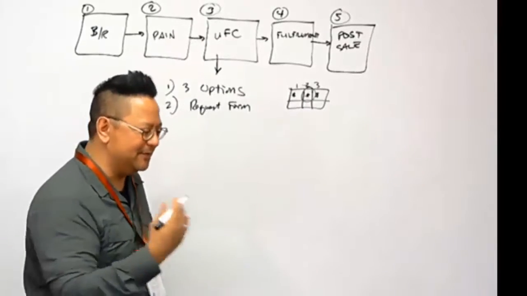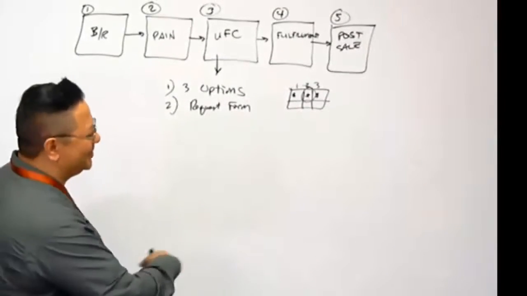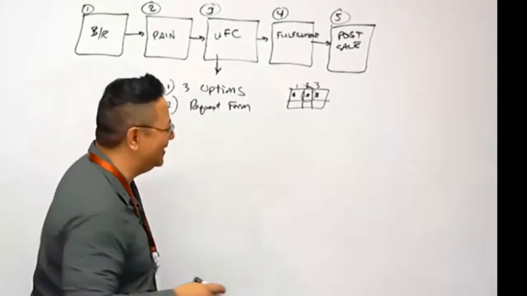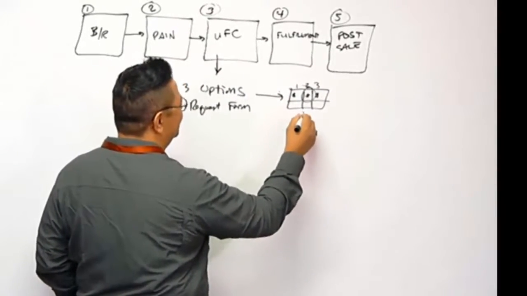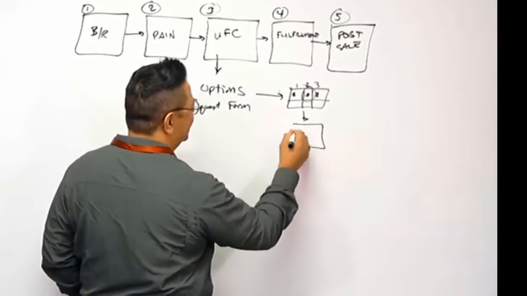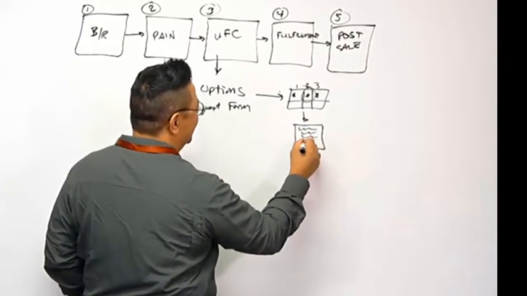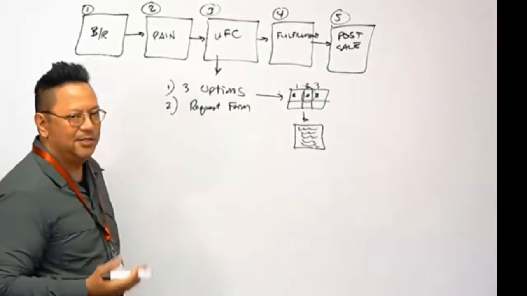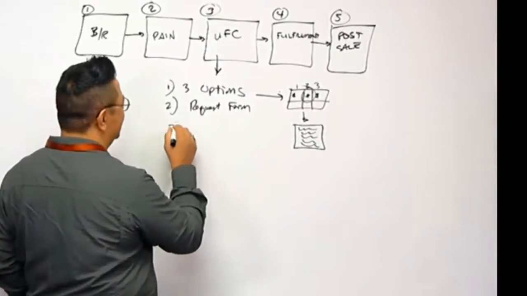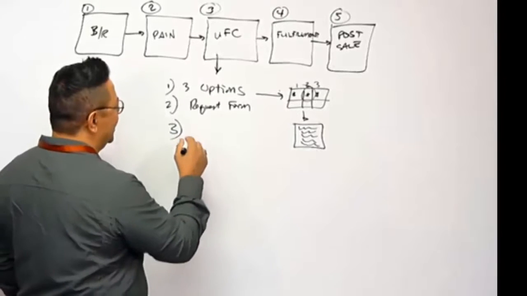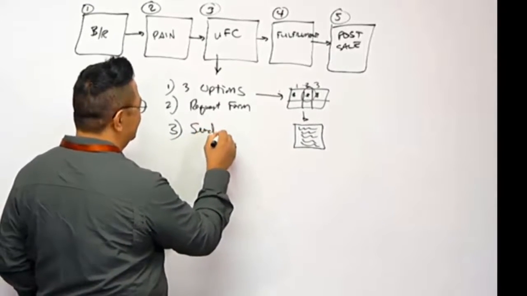It's an NLP trick, but I'm not going to talk about that. So I'm going to show you three options. Then we're going to fill out a request for coverage form, and I'm going to ask you health questions so that the insurance company will determine whether or not you can qualify for it. Then we're going to send it to the insurance company.